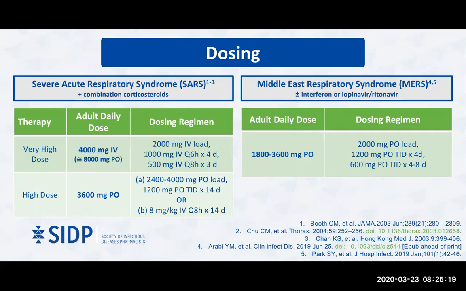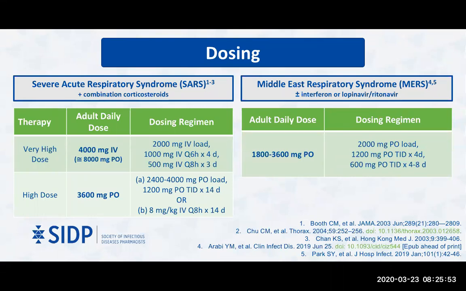and ritonavir. And what you'll notice for SARS is that very high doses, equating to about 8,000 milligrams orally of ribavirin, were typically given, or high doses at about 3,600 milligrams by mouth were given. You'll also see the detailed dosage regimens that come from the published studies, and the calculation of going between an IV formulation for the very high dose to an oral equivalent was based on an oral bioavailability of about 50%.